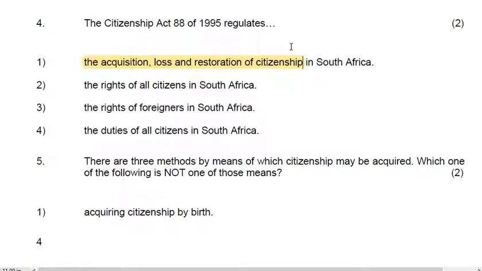And if you check page 6 of your study guide, you are going to get the acquisition, and page 15, you are going to get the loss of citizenship. And just open the study guide. I don't remember the page that deals with the restoration of citizenship. So just check it. You're going to find why I chose the first option as my answer.